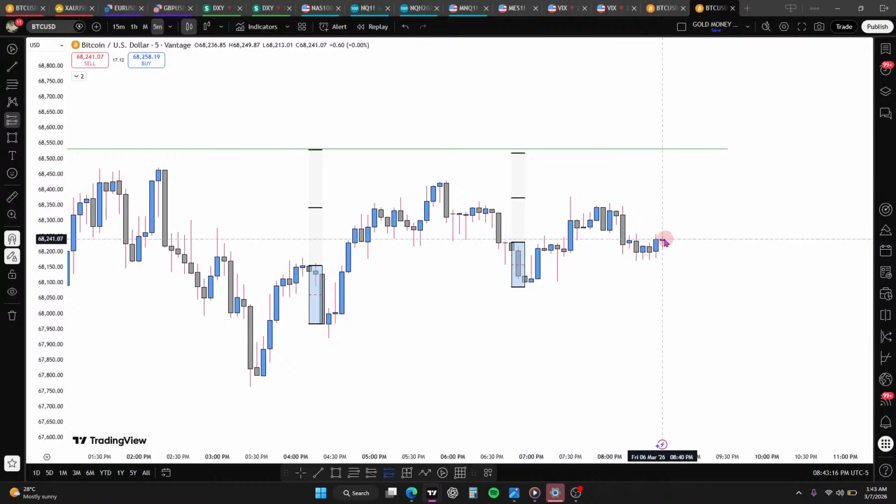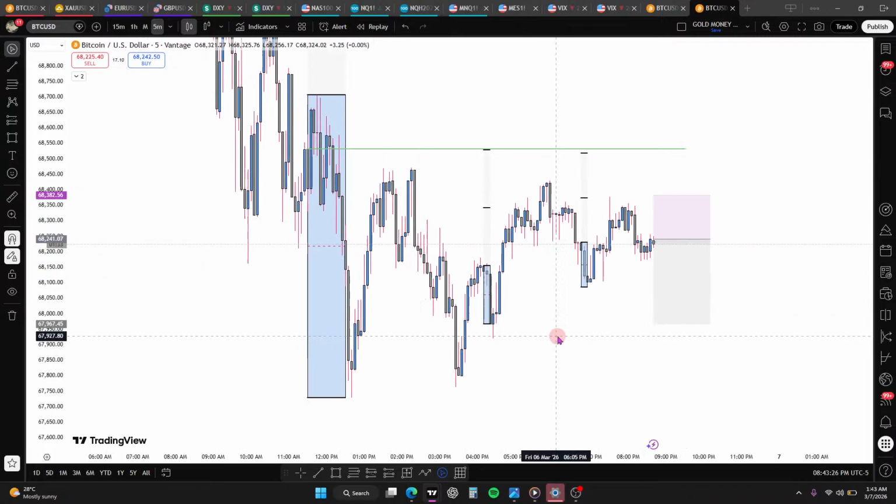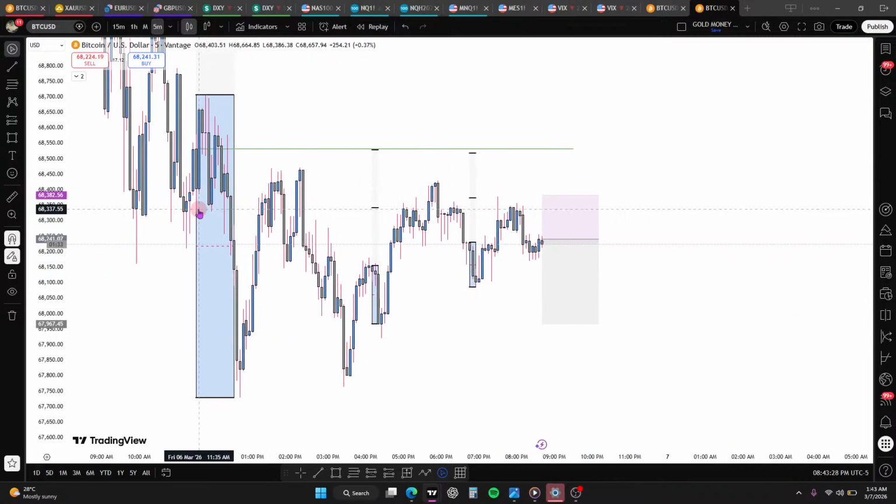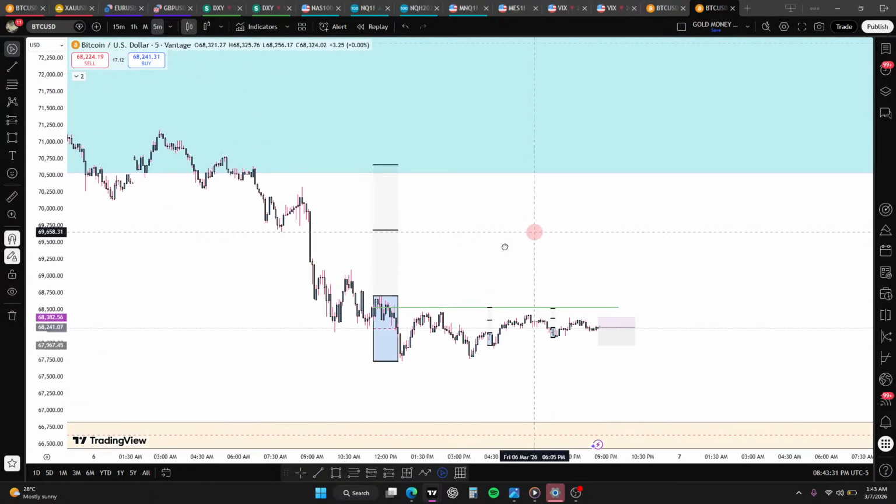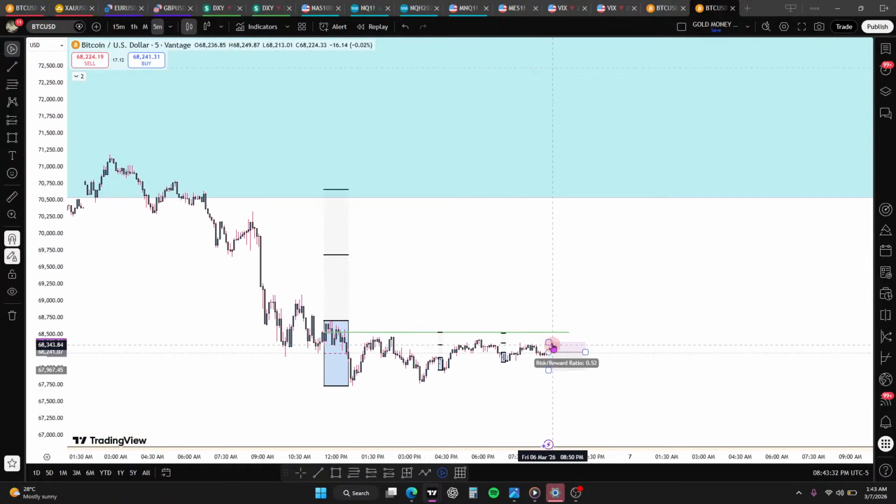So, if I was to go long here, just to get my entry in, I want to have my stop loss here, and my take profit I actually want to have up here.